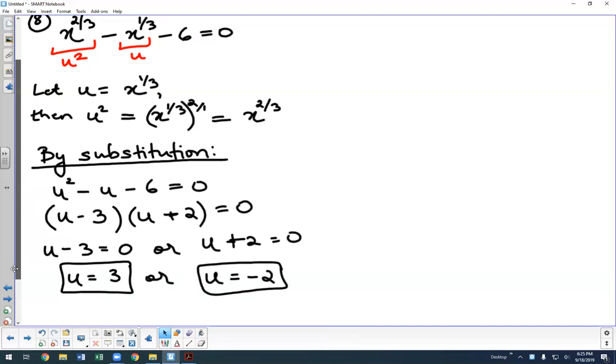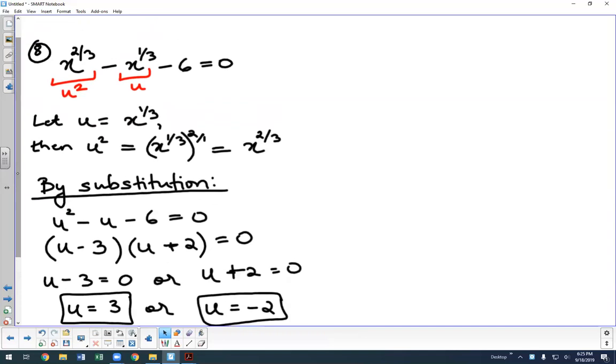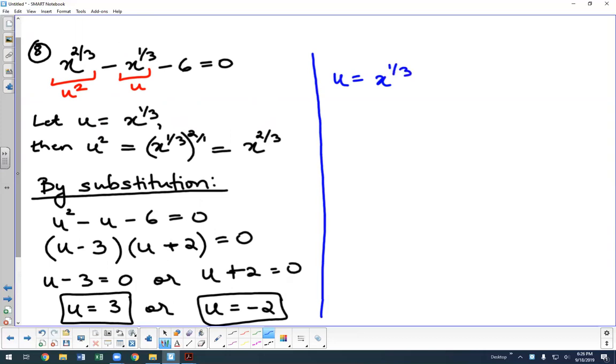So let's see what we can do with these. Again, we defined our u to be x to the 1/3. If I'm bringing in u equals 3 or u equals -2, what will we have?